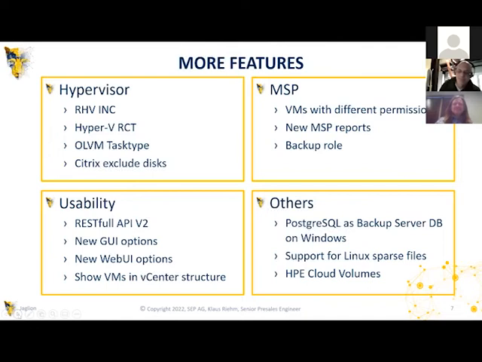Then we have some support for Linux sparse files. This is a Linux functionality for system files that are very small, but in fact they are like thin provisioned: very, very big, but only take a little bit of space.